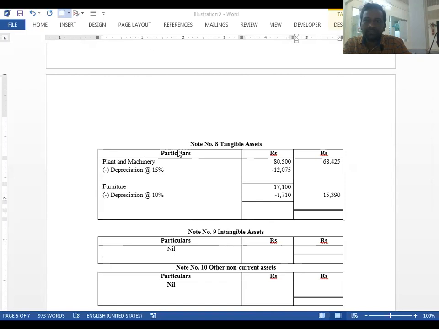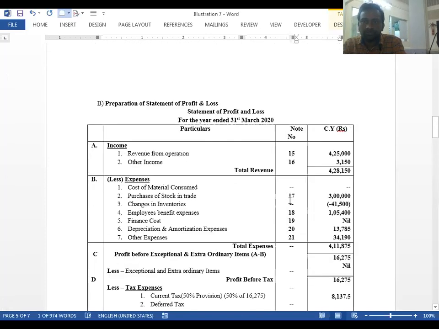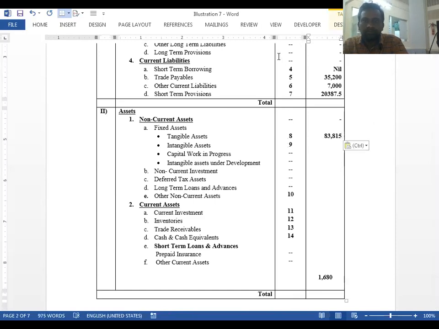Send me fast, we have very few minutes remaining now. 85,000. Then intangible asset, I think it is nil.